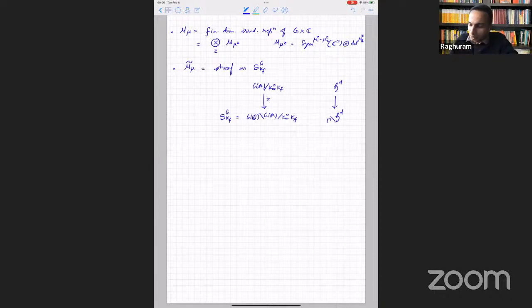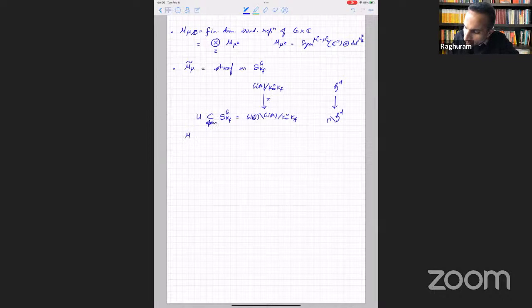And I want a sheaf on the space. What is a sheaf? Well, since I'm going to associate the sheaf to a complex vector space, this is going to be a sheaf of complex vector spaces. What is a sheaf? For every open set, you want sections over that open set. So I take an open set U here.